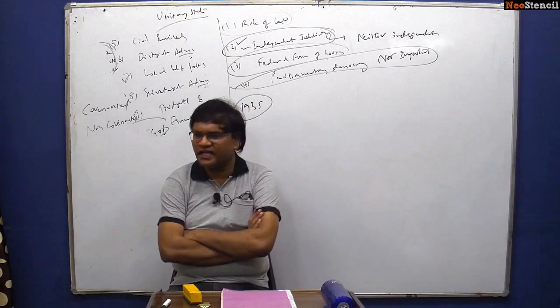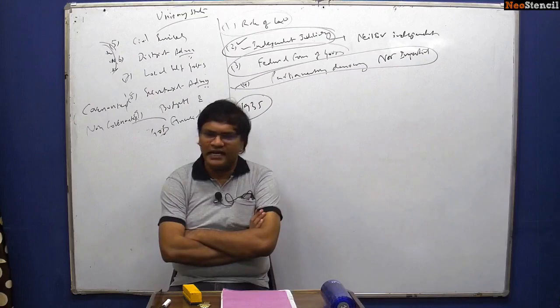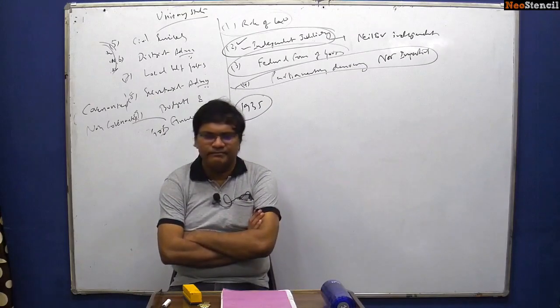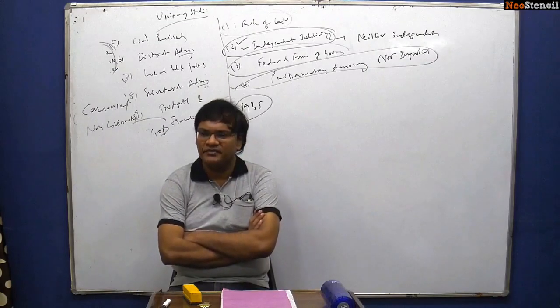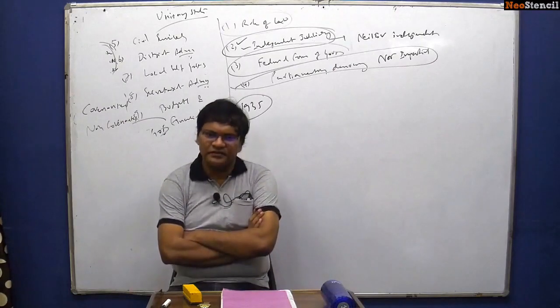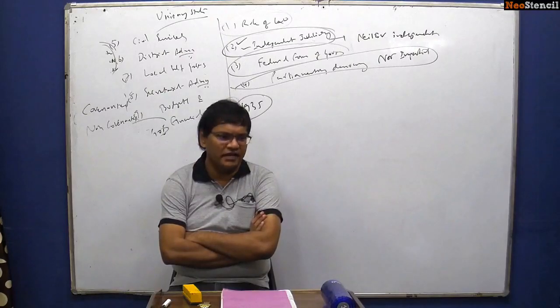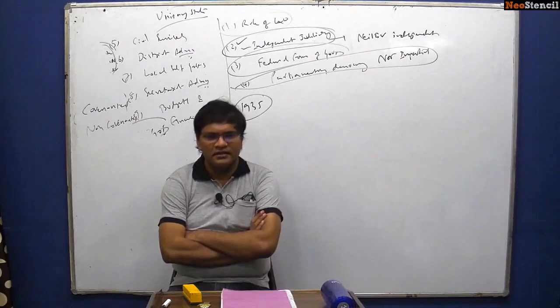When can you attract the best of the talent? Only when you give attractive service conditions in terms of salary, pensions and other packages. In those days, we are talking about the 1760s, 70s, 80s, at that point of time, 250 years back, more than that.